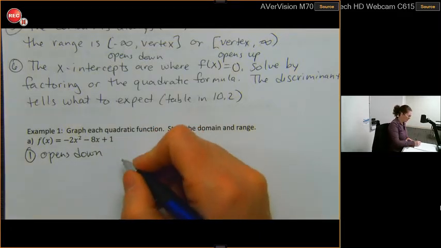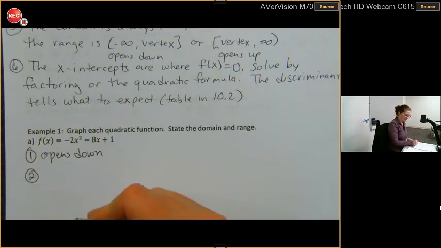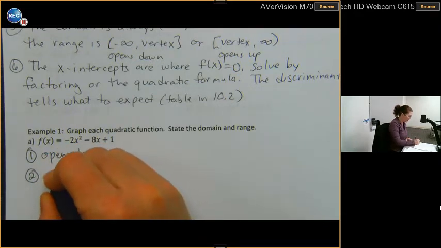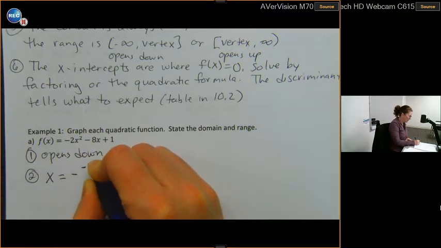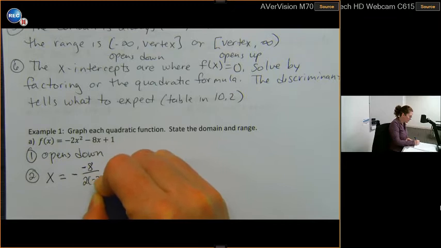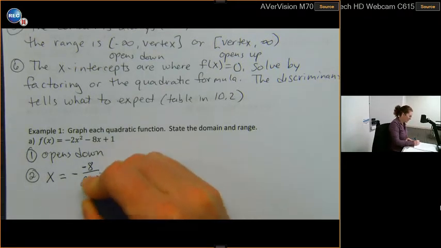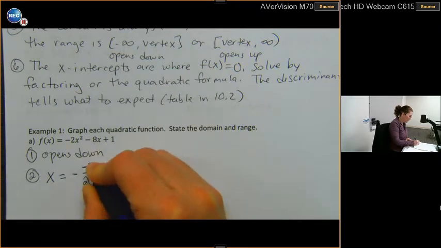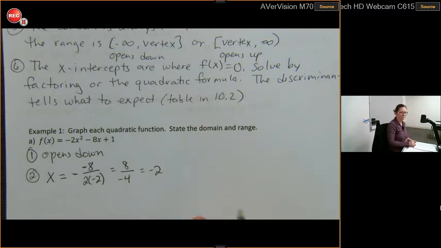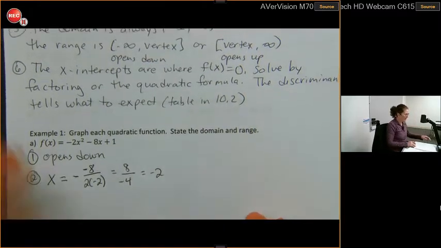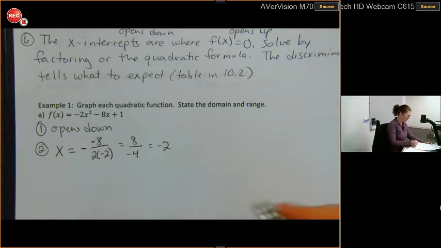The second step is about finding the vertex. To find the vertex, we use the formula x equals negative b over 2 times a. Simplifying this, I get positive 8 over negative 4, which is negative 2. And that's half of what I need. My vertex is an ordered pair, so I need the y that goes with it.